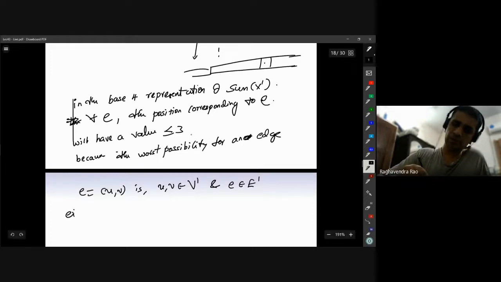So even in this case, 4 to the e appears only 3 times.